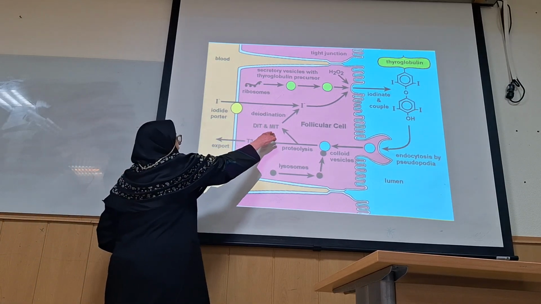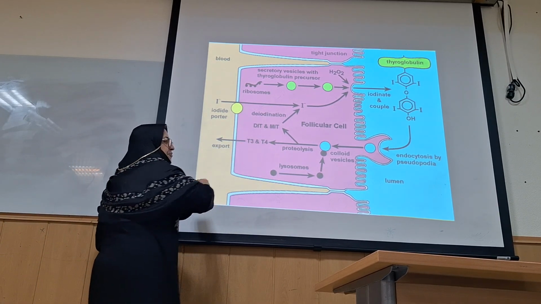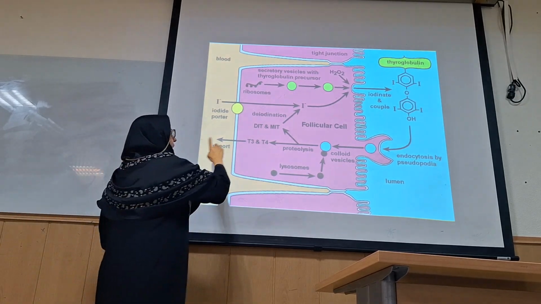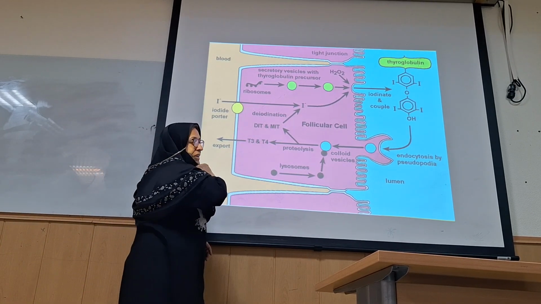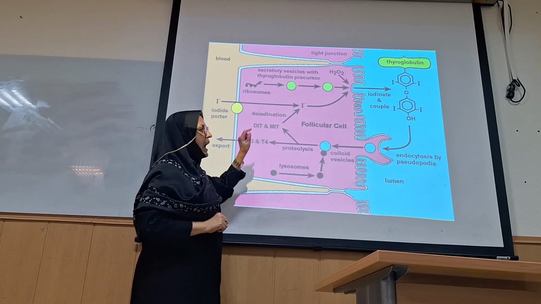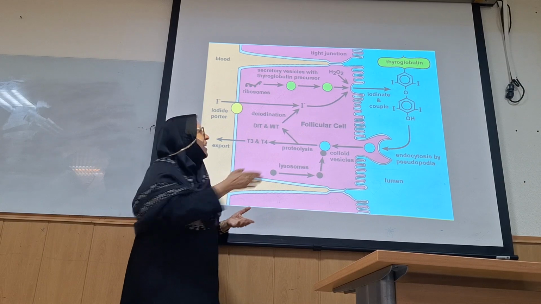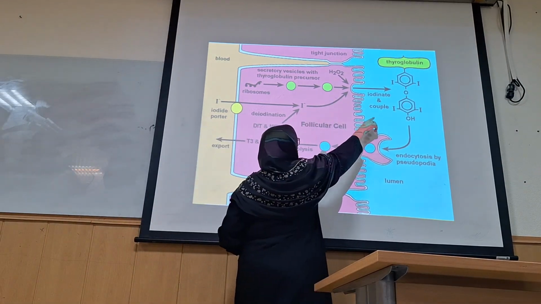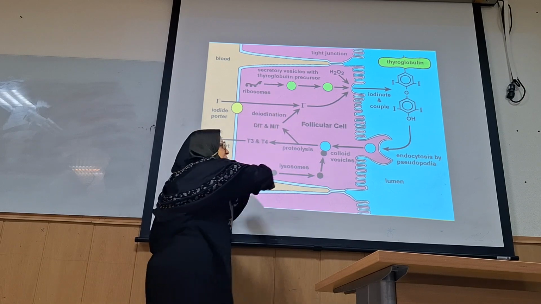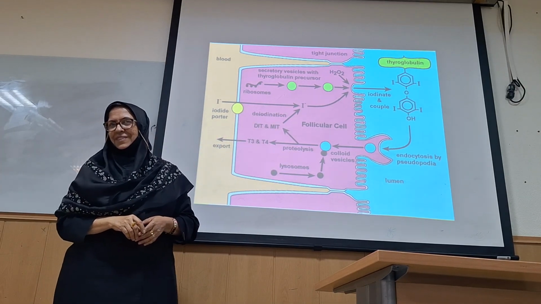DIT and MIT, T3 and T4 remain in the cell. DIT and MIT by deiodination convert to iodine and tyrosine. Iodine again synthesizes thyroid hormone. Tyrosine again enters the endoplasmic reticulum.